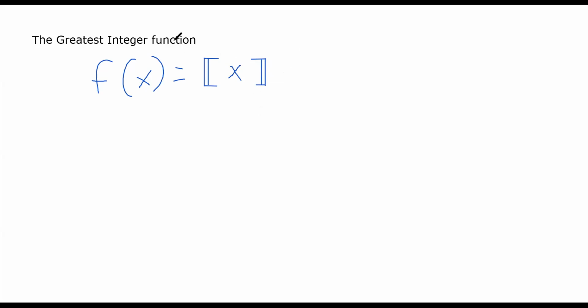Now, real quick, before we can talk about that, we have to define an integer. You might think you know what an integer is. An integer can be all the positive numbers that are whole: 1, 2, 3, 4. Of course, there's no limit to them. They keep going and going.